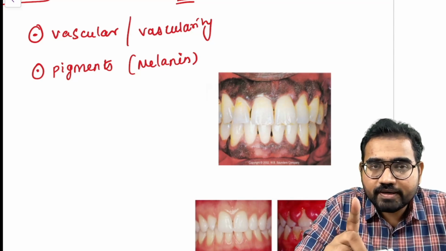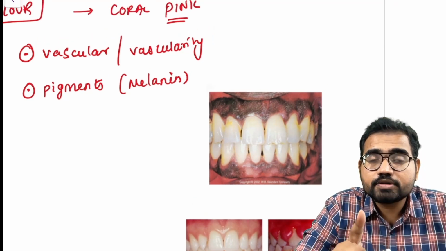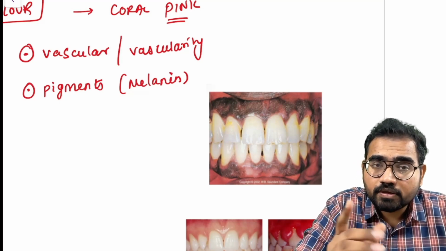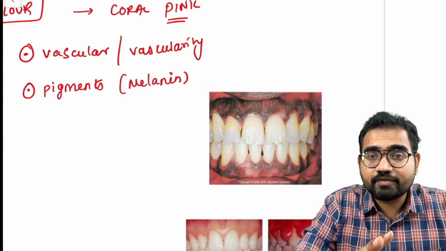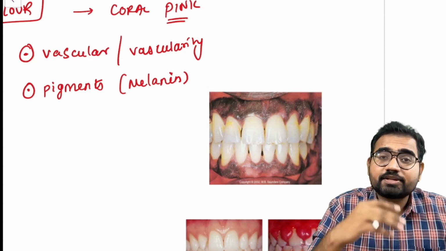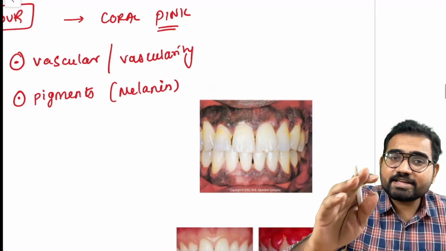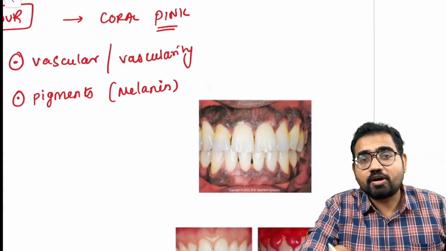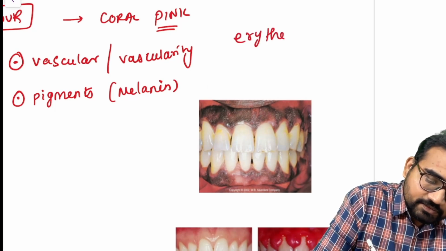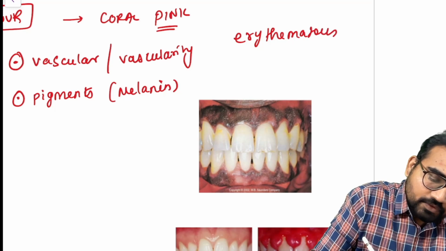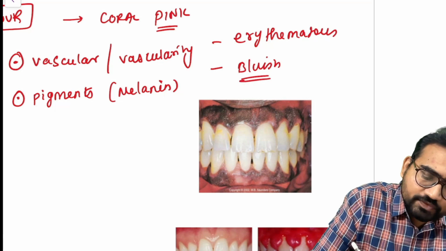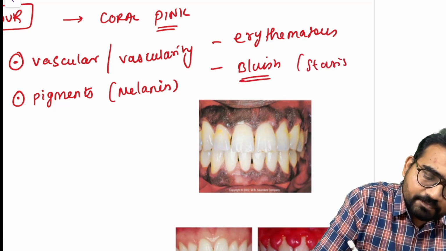So a patient with periodontitis or gingivitis is going to have increased blood flow, vasodilation, and reddish gingiva because of the increased vascularity and stasis of the blood. There can be color change. So in case of a patient with gingivitis or periodontitis, the color can be erythematous or bluish. Why bluish? Because of the stasis of the blood.